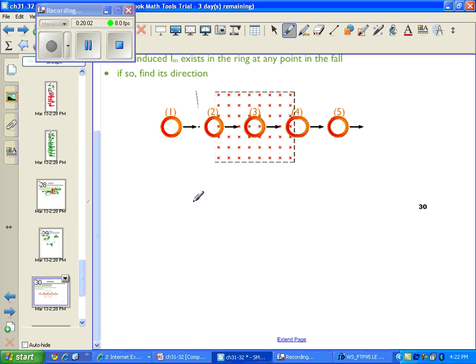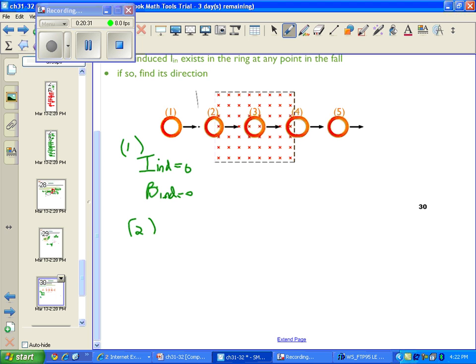Well, we start out with the situation where the ring has no flux through it. Well, no magnetic flux also means no changing magnetic flux. No changing magnetic flux means that there is no induced current and therefore no induced magnetic field. So this is position 1.